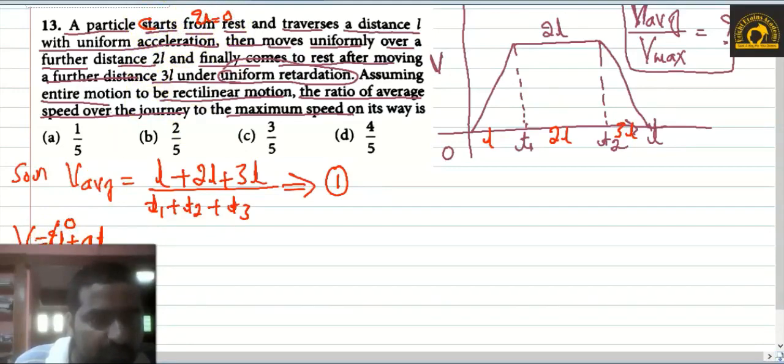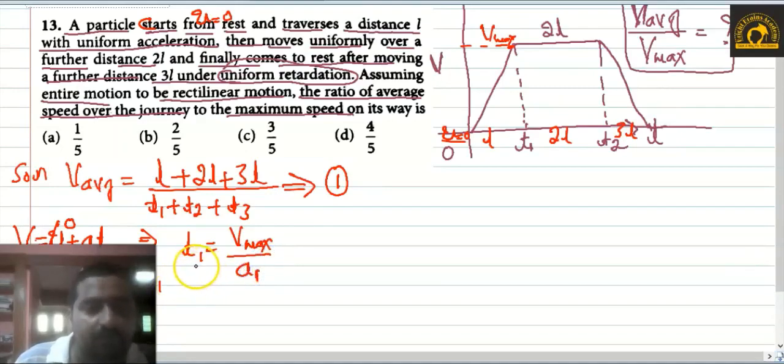Then it reaches V maximum, so V maximum is equal to A1 T1. Then T1 is equal to V maximum divided by A1. Now you have to find out the acceleration.